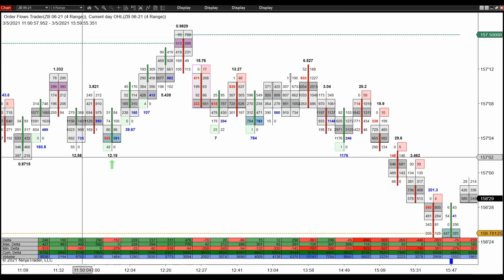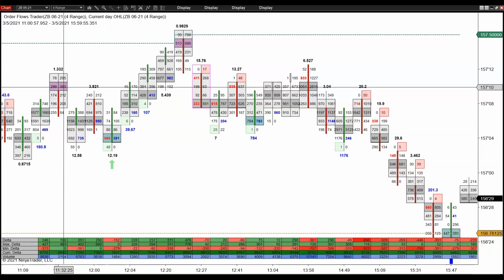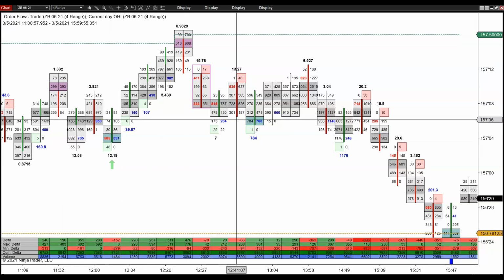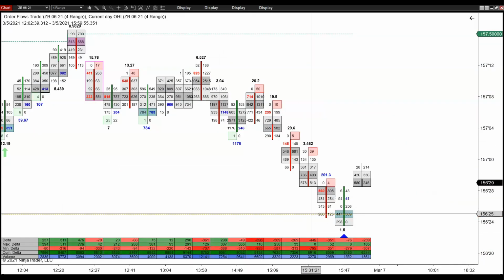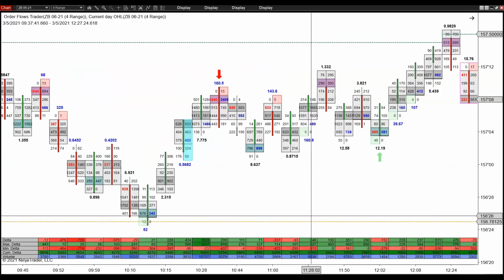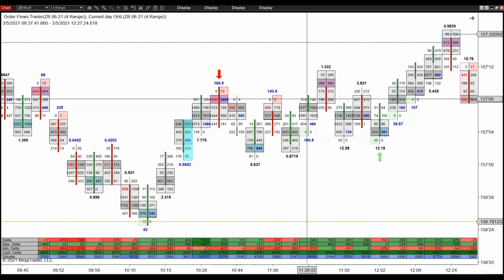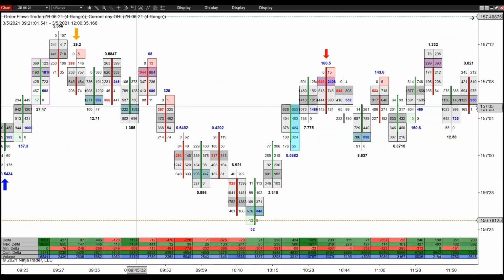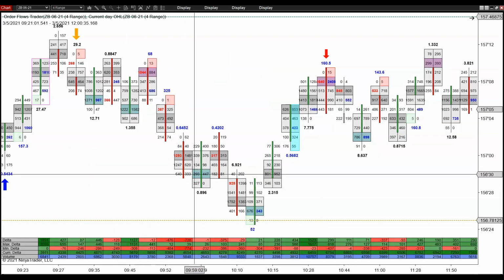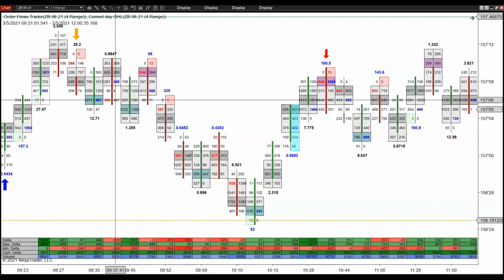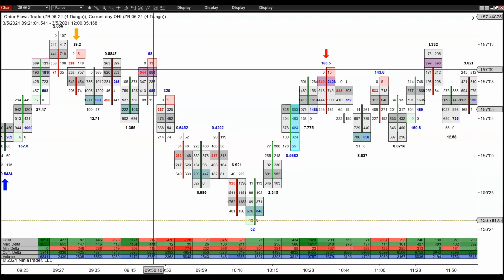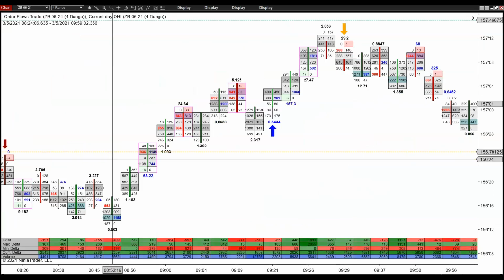So you can see, bullish, this is bearish, bullish, bearish, bullish. Down here, a bullish one right as you closed. But look at that: bullish, bearish, bullish, bearish, bullish, bearish. This was a bullish one that failed. Here's a bearish one. Here's a couple bullish ones, but then you ran into that bearish point of control.